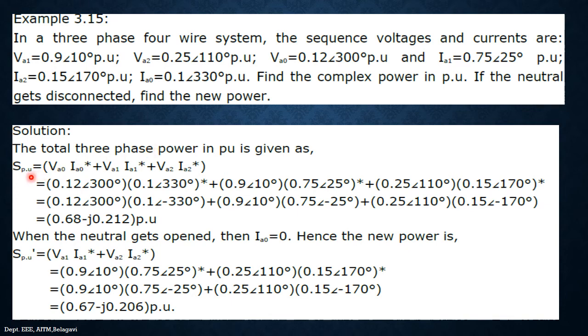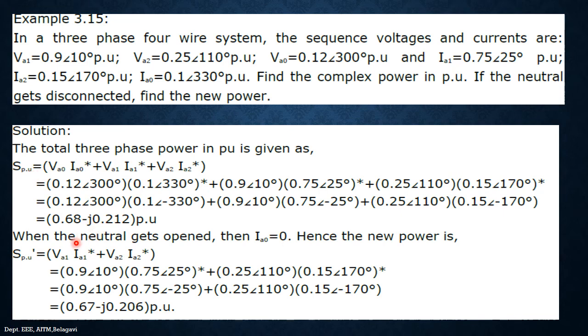This is the equation for the four-wire system: the complex power is equal to the respective voltage and current equation. If you substitute the respective values and simplify further, we get the power for the four-wire system as this much.